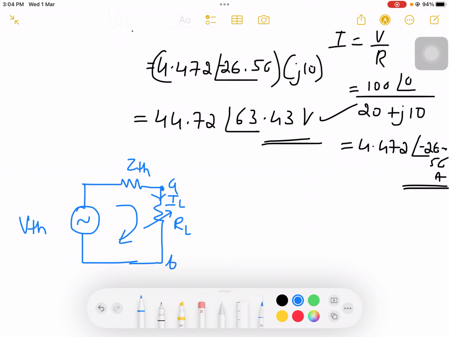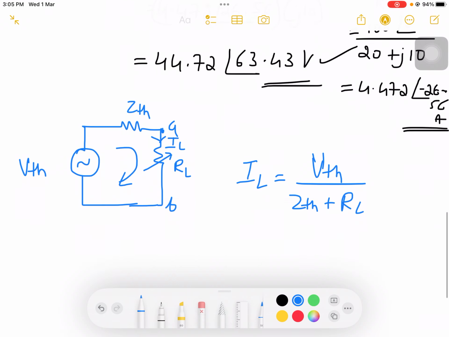So I need to find the current IL now. IL will be equal to VTH divided by the sum of the resistances, ZTH plus RL. Where VTH is 44.72 at an angle 63.43, ZTH is 8.94 at an angle 63.44, and RL is 8.94. If I simplify that, you will get 2.94 at an angle of 31.71 amps. This is the current in the circuit.